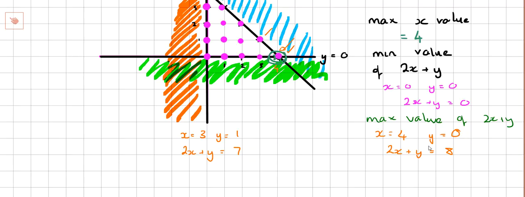The problem solving extension bit is worth having a look at if you wish. It's not necessary, but if you want to challenge yourself, have a look at the problem solving extension stuff. So you've got those things to do now. Make sure you're happy with part B, so questions 4 and 5. Go on to the integer stuff and then the problem solving. Make sense? And let me know where you need any help.